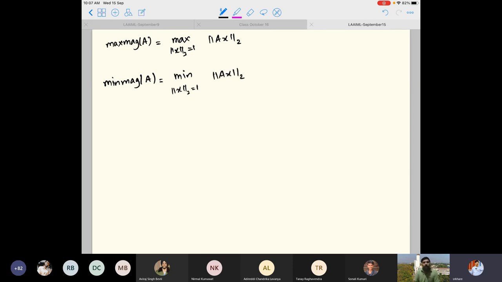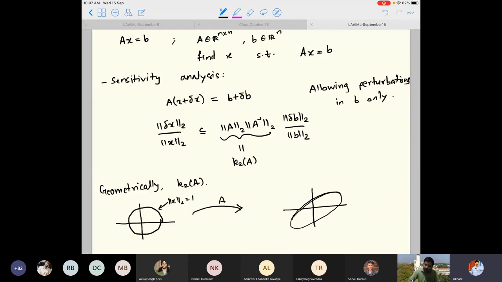So the maximum magnification, we saw, is along the major axis, and along the minor axis you get the minimum magnification. So the circle is going to an ellipse, and the ellipse is getting elongated.